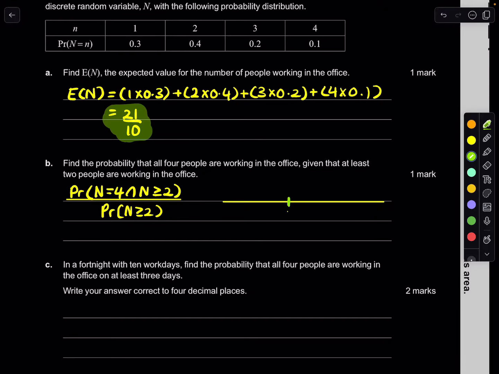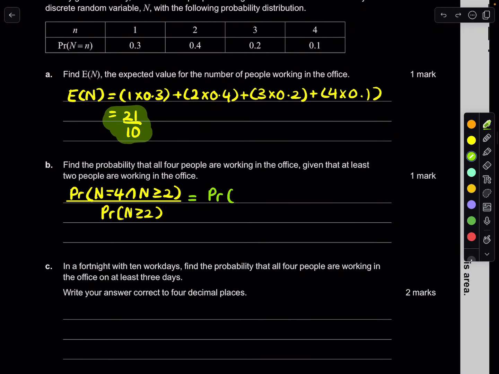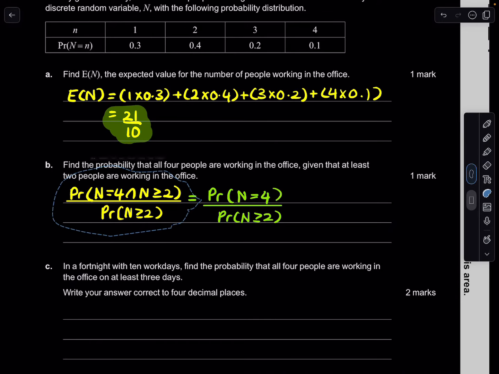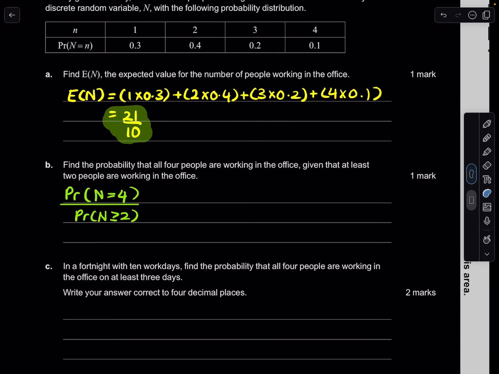Imagine this is 2 and this is 4. 2 is a closed circle going forever to the right, because it's greater or equal, and 4 is just a point. They intersect only at n equals 4. So it simplifies to the probability that n equals 4, all divided by the probability that n is greater or equal to 2. We've simplified it to the simplest form, and now we put in what we know.